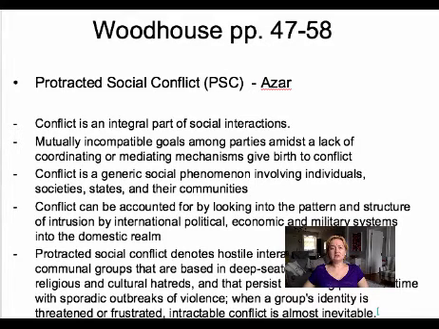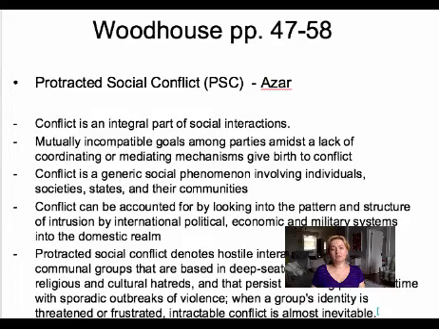So he basically says that mutually incompatible goals among parties, amidst the lack of coordinating or mediating mechanisms, can give birth to conflict. Conflicts can be accounted for by looking into the pattern and structure of intrusion by international political, economic, and military systems into domestic realm. So he is the one also looking at the outside foreign interference into the local conflicts, which is important.